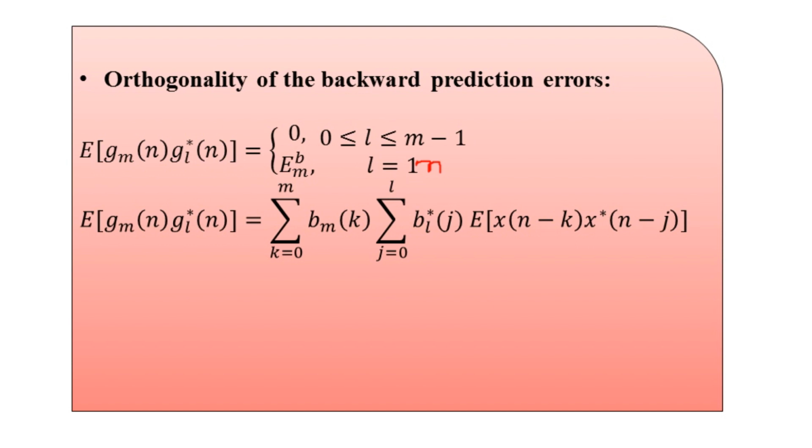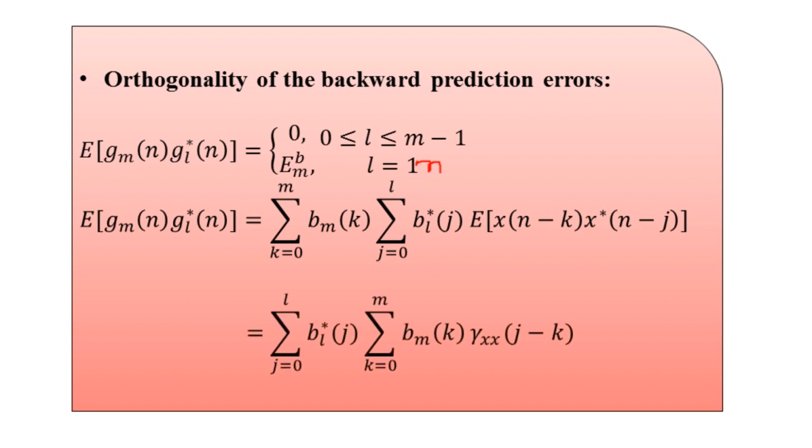So this can be equal to the summation j is equal to 0 to L for the conjugate of b suffix L of j further multiplied to the summation k is equal to 0 to m b m of k into gamma suffix xx of j minus k here. So gamma suffix xx will be the representation of the autocorrelation sequence here.